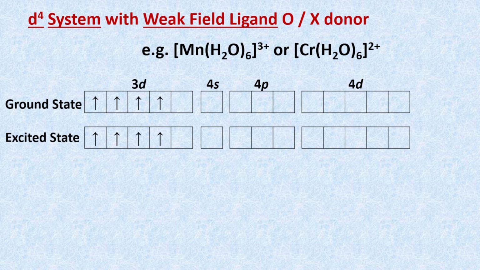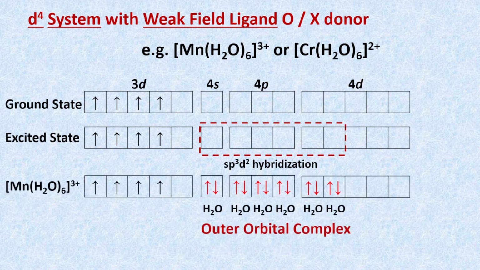Now one 4s, three 4p and two 4d orbitals hybridize to give sp3d2 hybrid orbitals. Then the six ligands donate their sigma electrons to the empty sp3d2 hybrid orbitals to form an outer orbital complex.